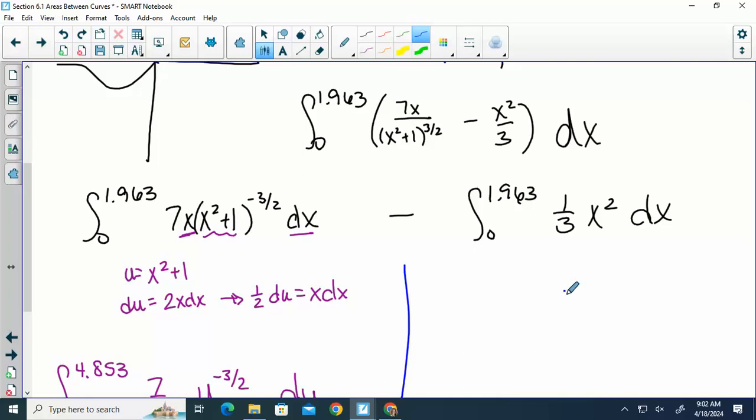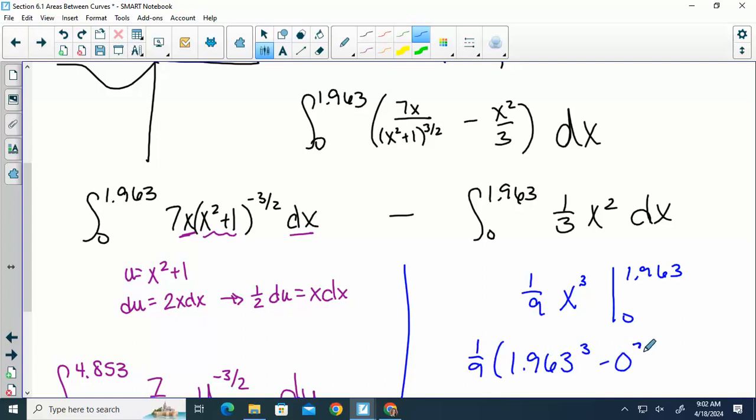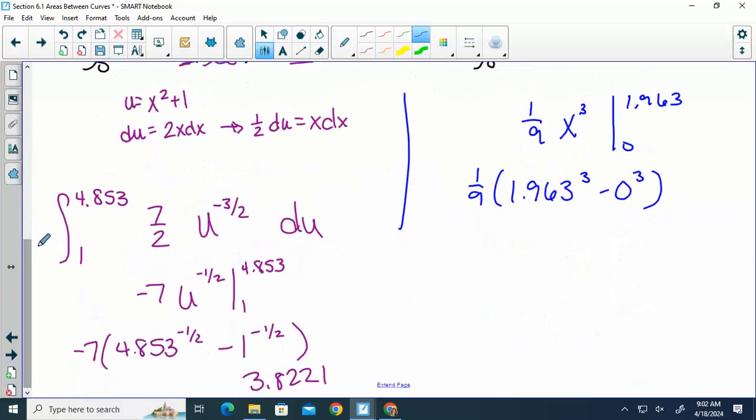Antiderivative of x squared is x cubed. So 1/3 times the reciprocal of 3 would be a 1/9 from 0 to 1.963. Get 0.8405.